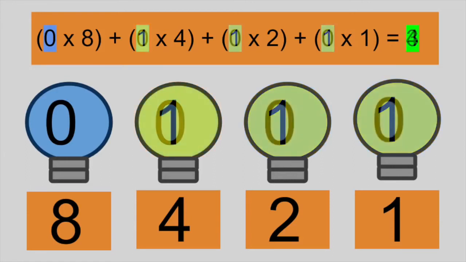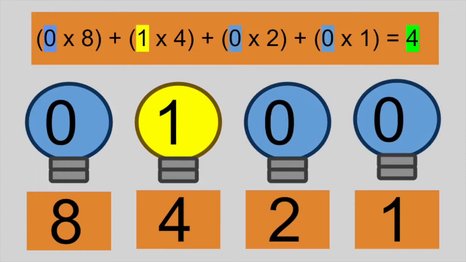To represent the value 4, we turn on the third bulb only. What we have now is 1 times 4 plus 0 times 2 plus 0 times 1, so just 4. To represent the value 5, we add 1 times 4 plus 0 times 2 plus 1 times 1, so it's 4 plus 1.